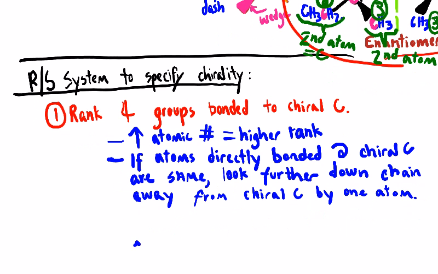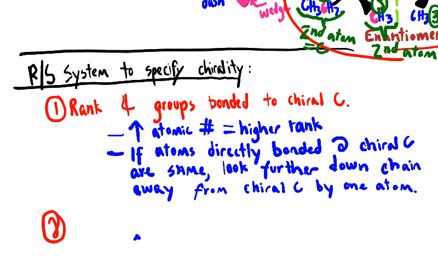And then what we're going to do is assign the stereochemistry here as what we refer to as R or S. Looking at our second guideline for determining which chirality we're dealing with, we're going to rotate the molecule as needed so that the lowest ranked group points away from us. So the lowest ranked group has to be on a dash rather than on a wedge or on a line.